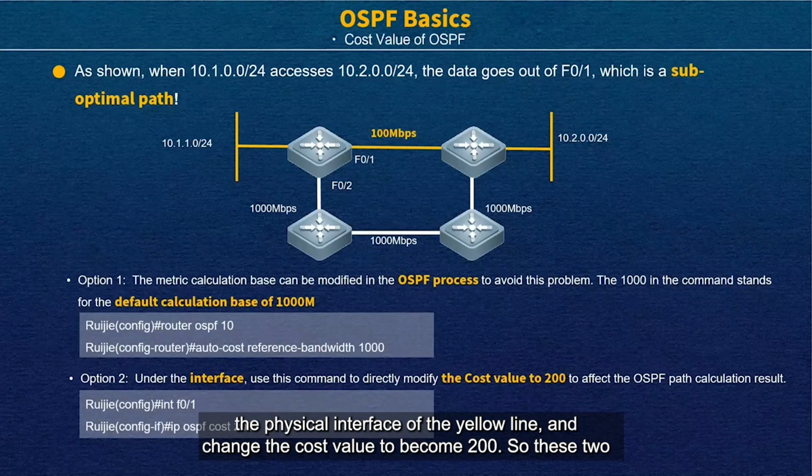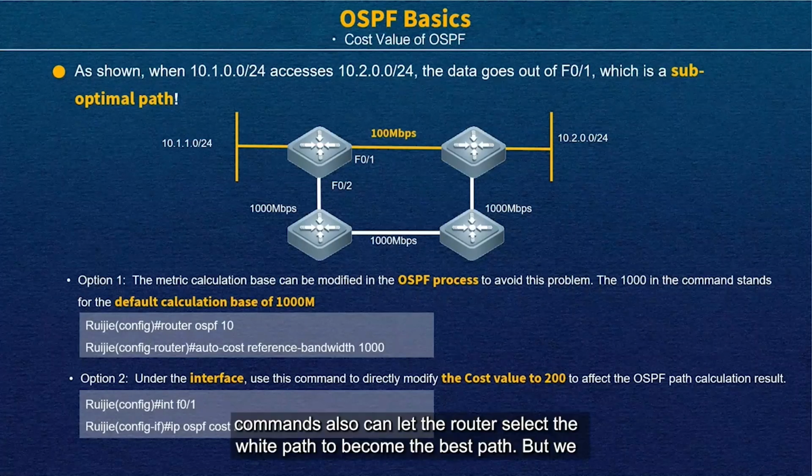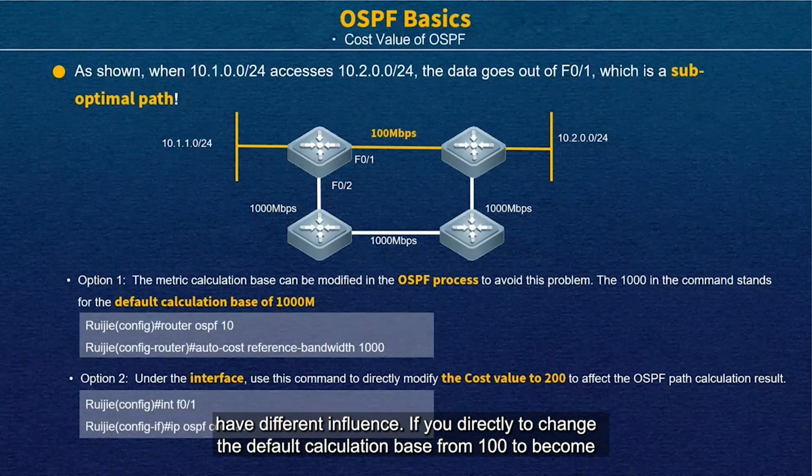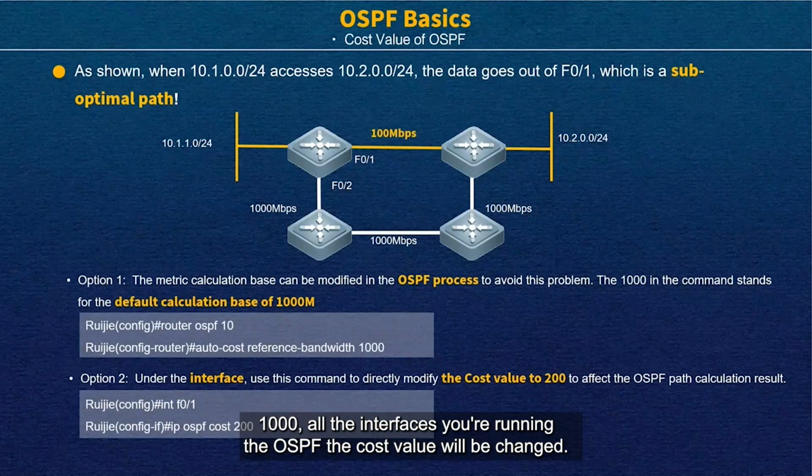So these two commands also can let the router select the white path to become the best path, but they have different influence. If you directly change the default calculation base from 100 to become 1000, all the interfaces running OSPF will have the cost value changed.